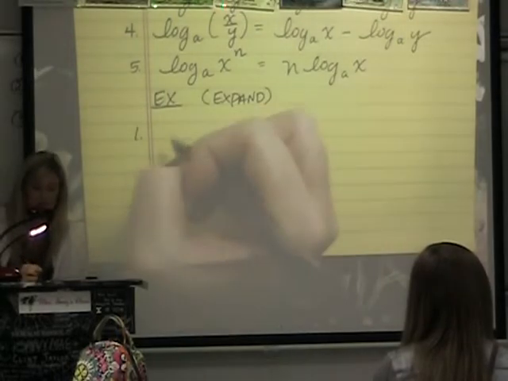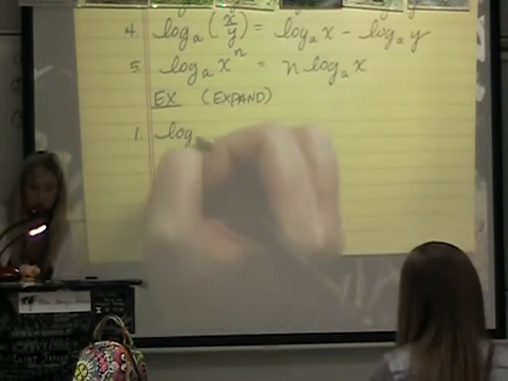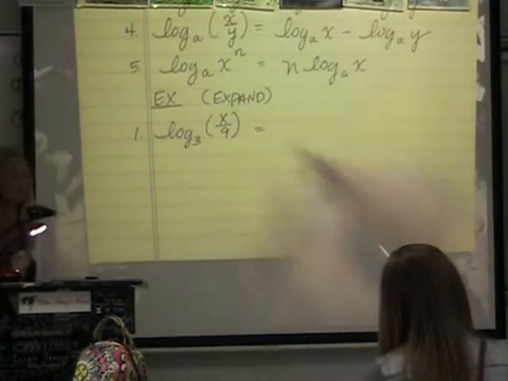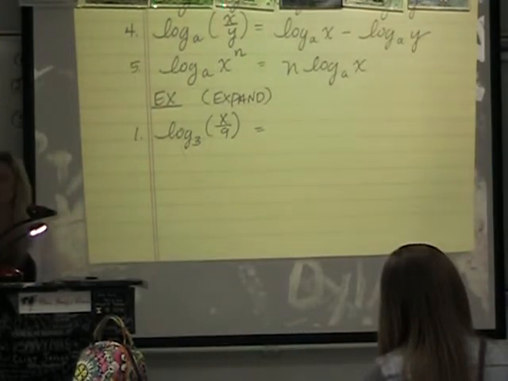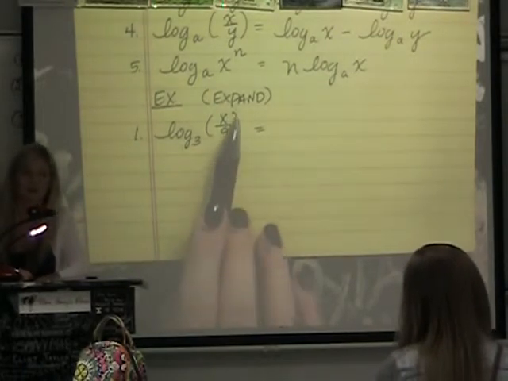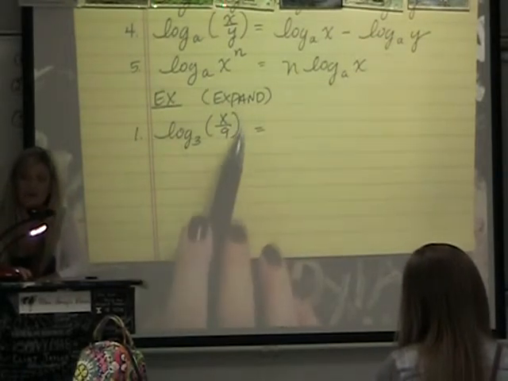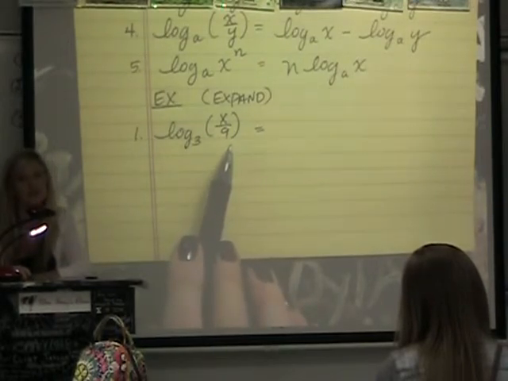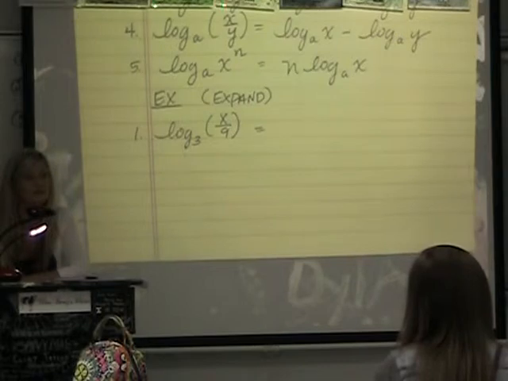So my first example is going to be log base 3 of x over 9. And so we're going to use our properties of logarithms to expand that expression. Now notice I'm taking the logarithm of a quotient. I have two terms being divided. So we just said that division implies what operation?